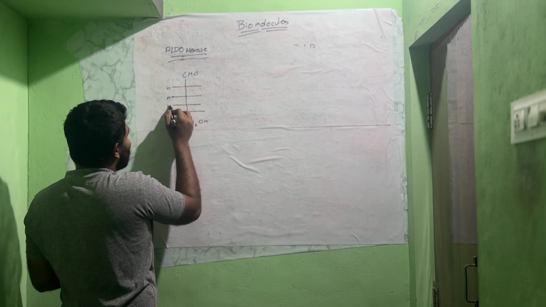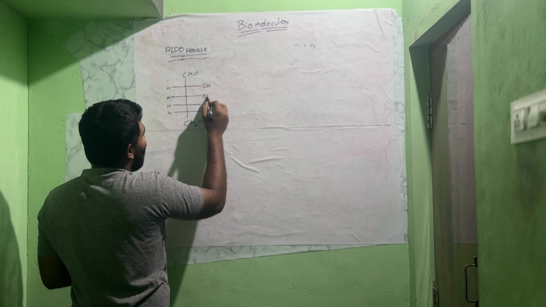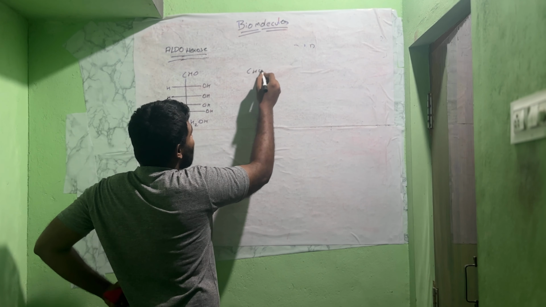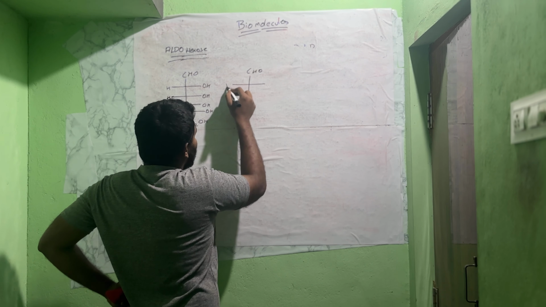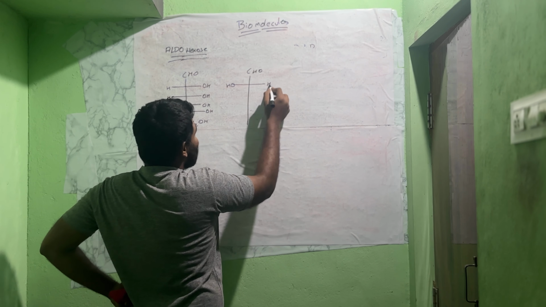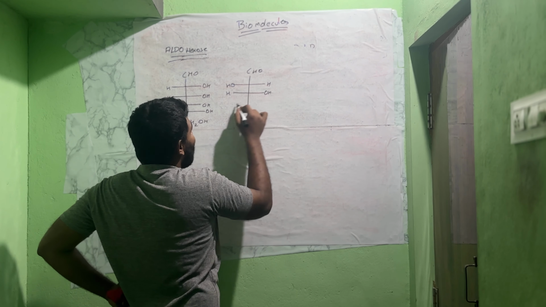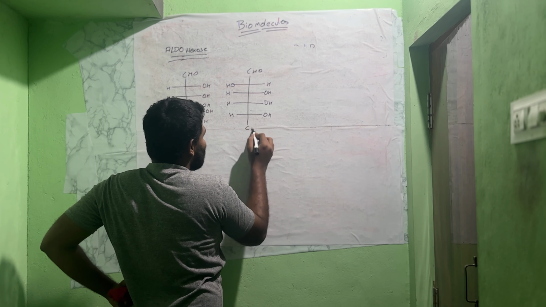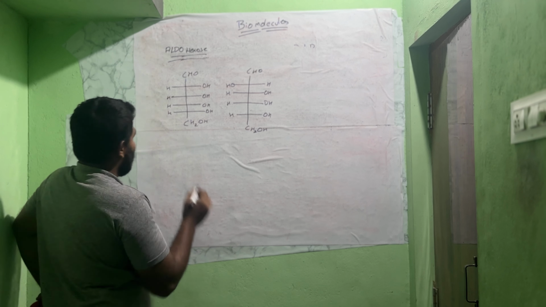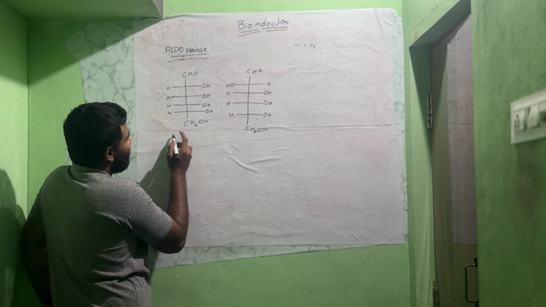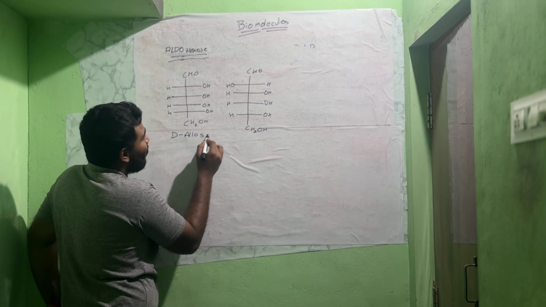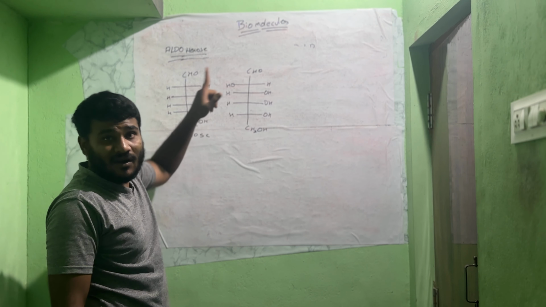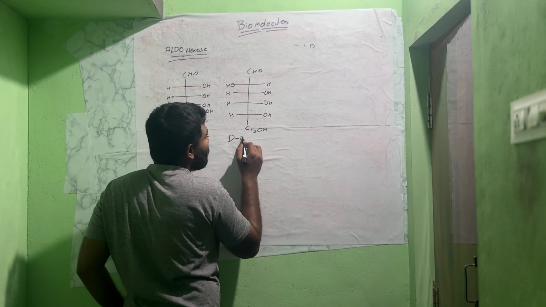H, H, H, H, OH, OH, OH, OH. This is one type of structure. And the second one is CHO, H, OH, H, H, OH, H, OH, H, OH, CH2OH. This is D-allose. If the second OH is changed from right to left, it is known as D-altrose.